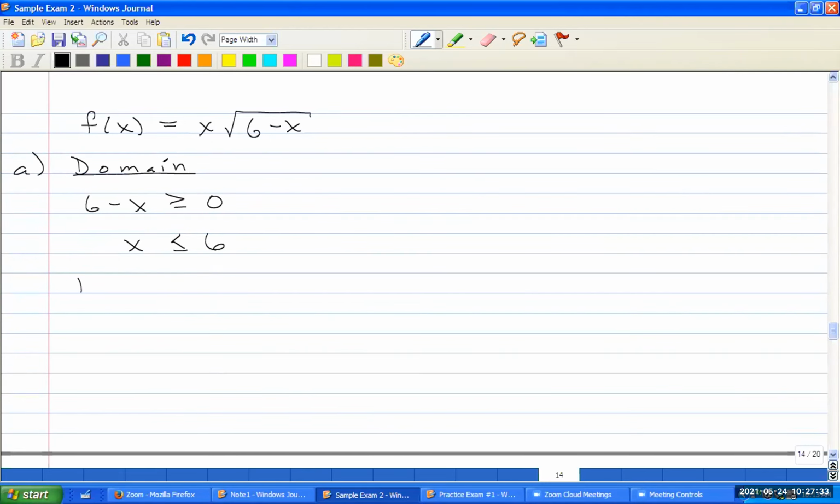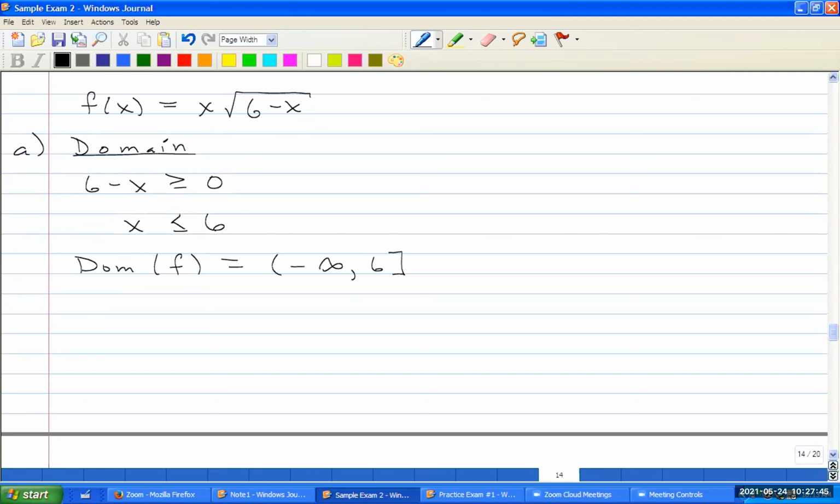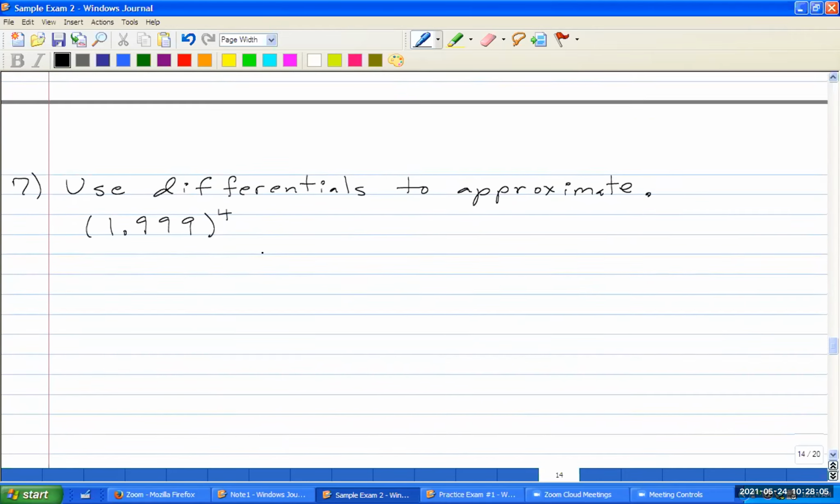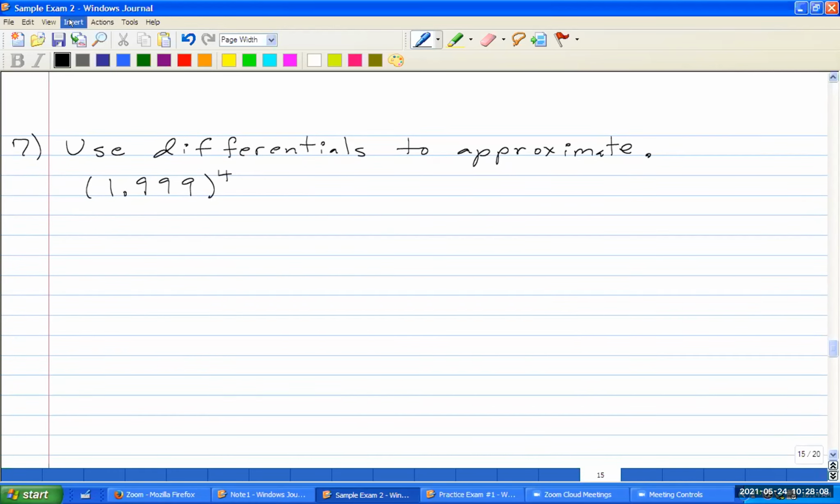And so the domain of my function is just negative infinity to positive 6. There are no holes, so I don't have to worry about that. Find and plot the intercepts. Okay, so intercepts. Well, I certainly need more.